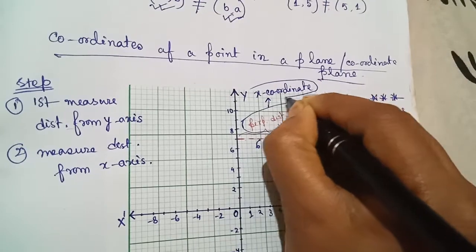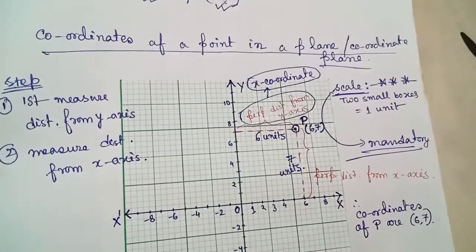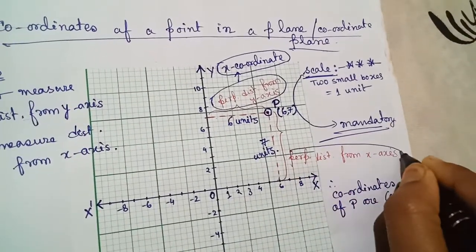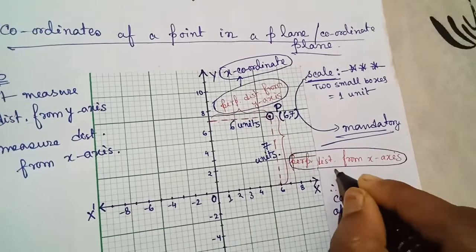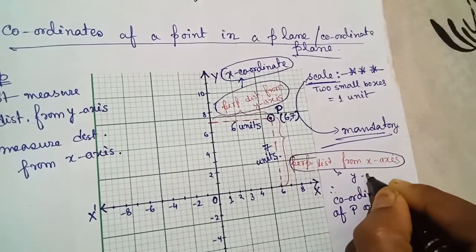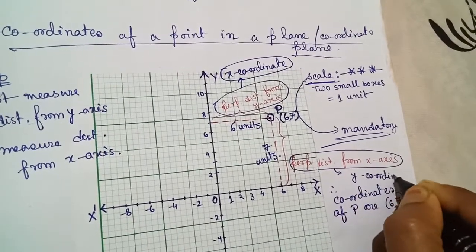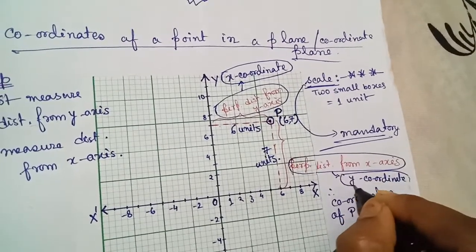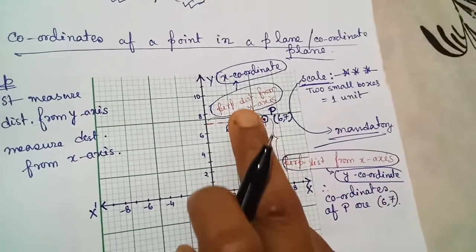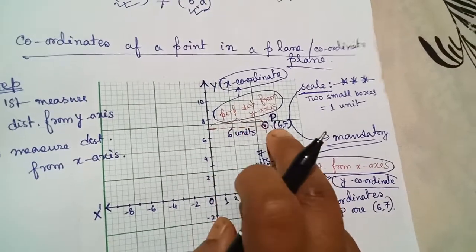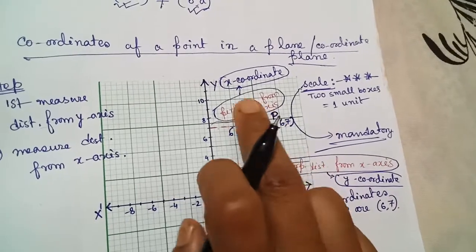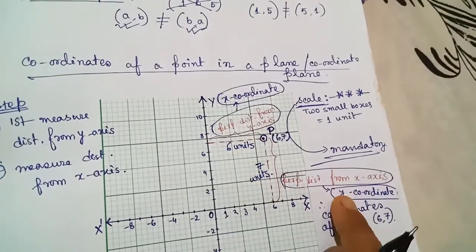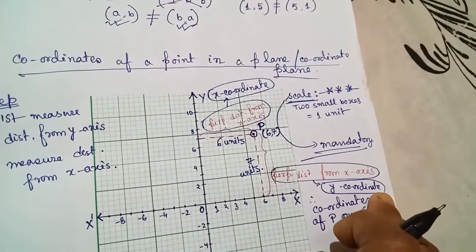And the perpendicular distance from the x-axis, its name is y coordinate. Means this one, 6 units, the first one refers to the x coordinate of the point, and the second one, that means this, refers to the y coordinate of the point.